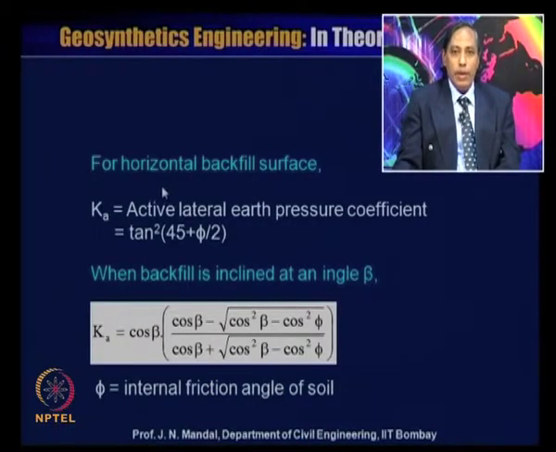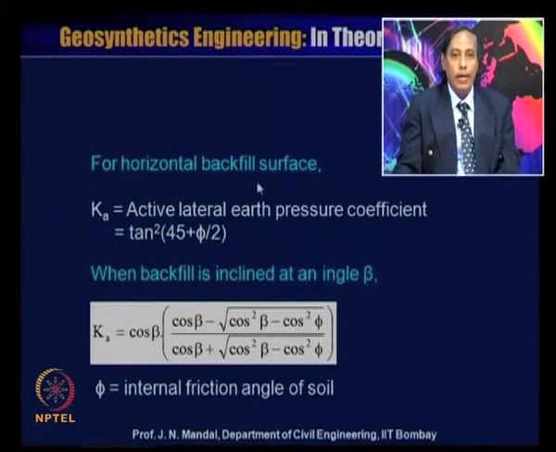As I mentioned earlier, if it is a horizontal backfill surface, you have to calculate the active earth pressure coefficient, and it can be calculated by Ka is equal to tan square of 45 degree plus phi by 2.